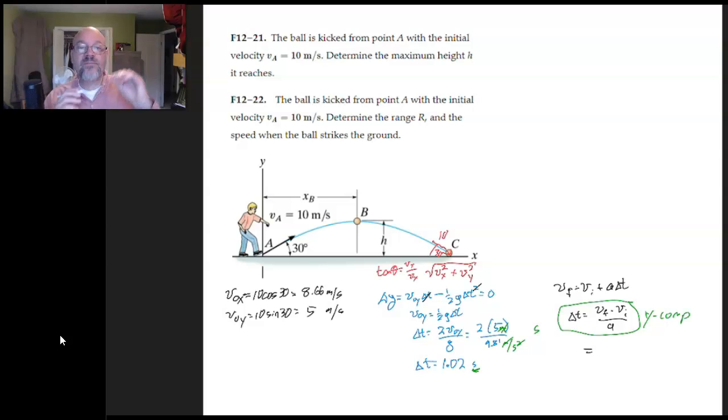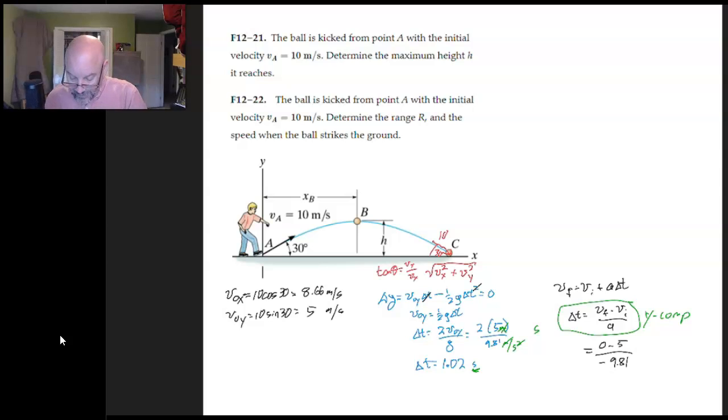Our final velocity is 0 because it's the final Y velocity when we're at the apex. So we have 0 minus our initial vertical component, which is 5, and we divide by -g, which is 9.81.